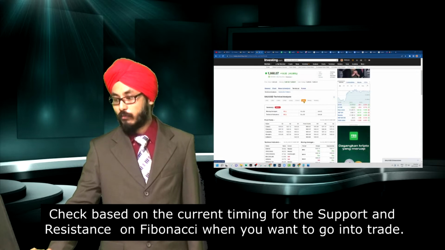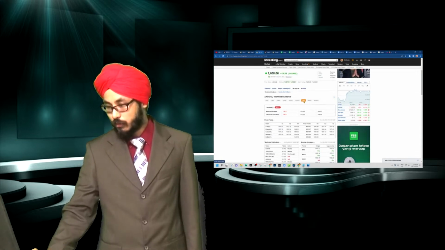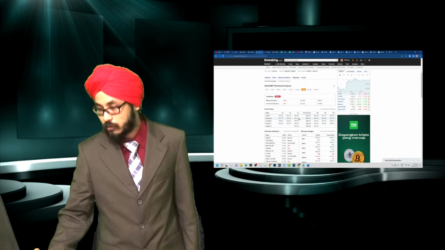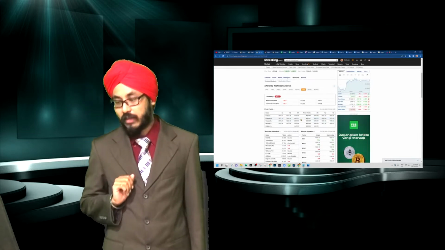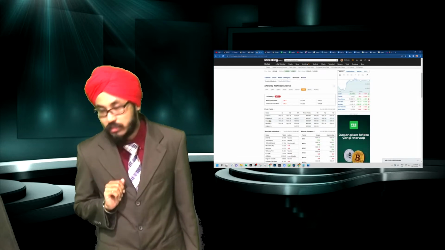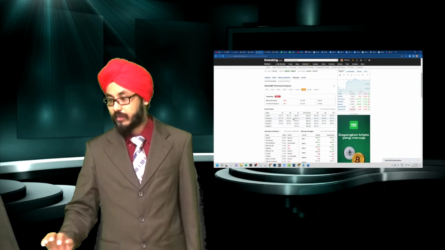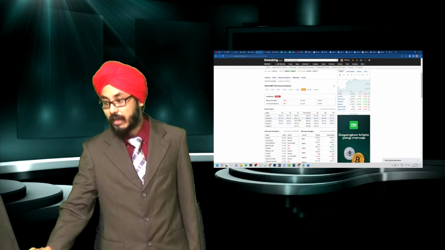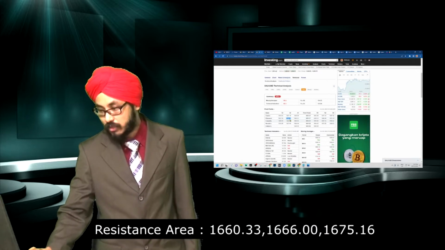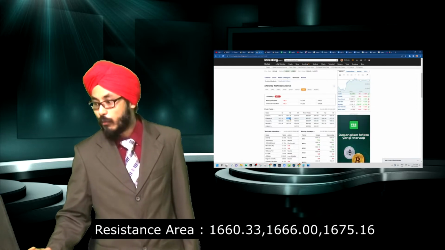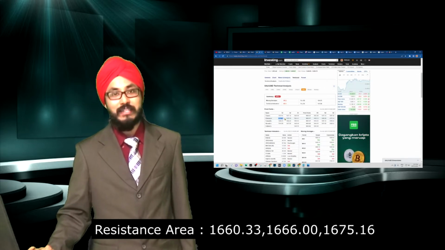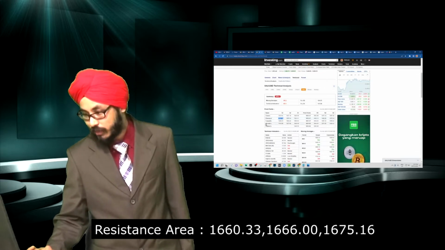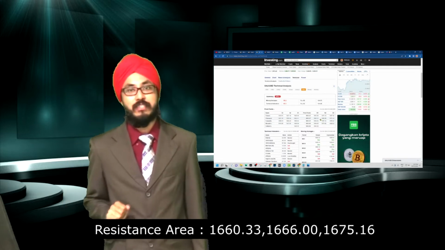Support 1 is 1642.01, support 2 is 1636.34, and support 3 is 1627.18. For our resistance, we look at 1660.33, then 1666.00 at resistance 2, and for resistance 3 we have 1675.16.